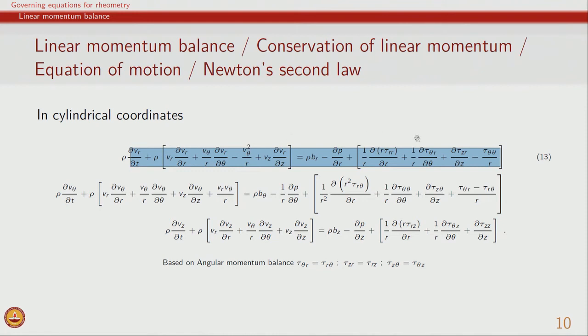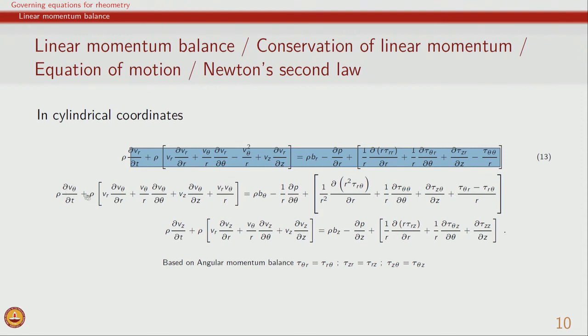We can see that in this balance we also have a term due to the flow in the theta direction. That is what we know as centrifugal acceleration: if there is a motion in the circular direction, there is a force in the r direction. This is the inertial term, and if the Reynolds number is high, then this term will be significant.